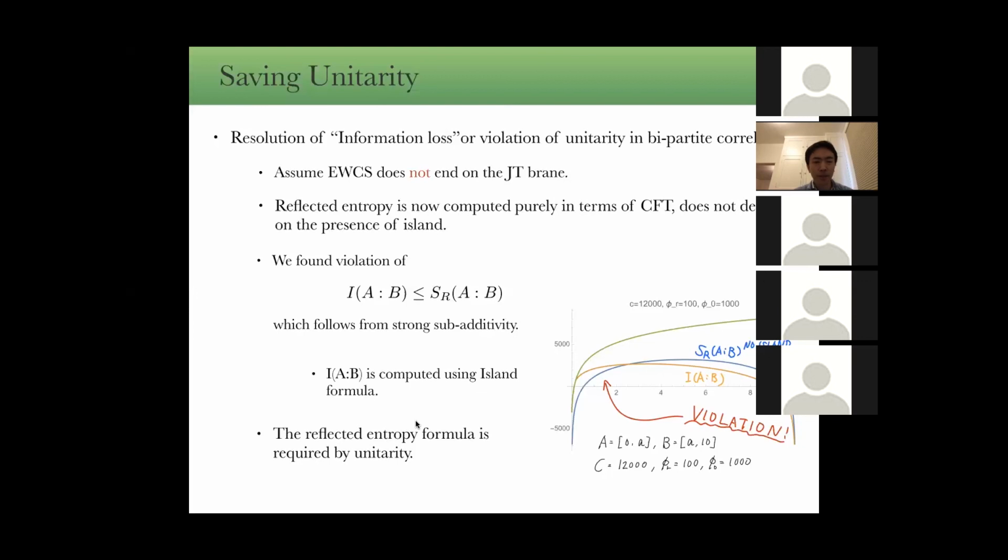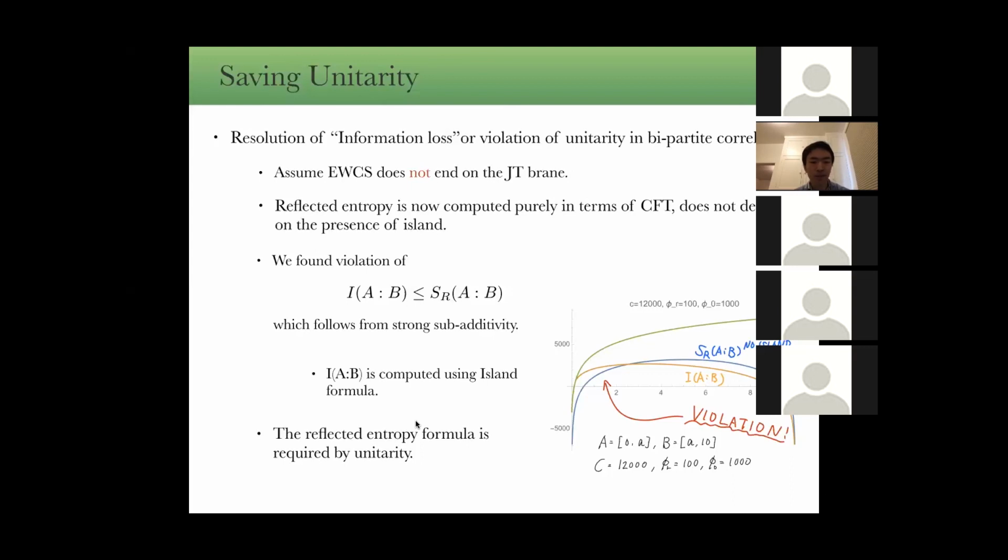Strong subadditivity assumes the Hilbert space is positive. And if this strong subadditivity is violated, it means that the Hilbert space has a negative norm state.